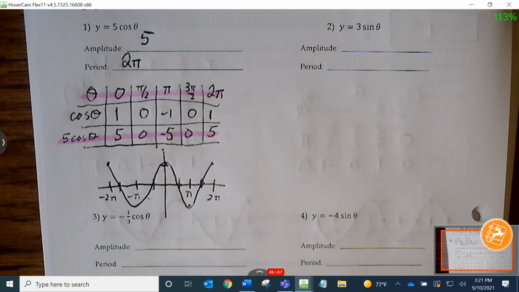So instead of stretching up to 1 and negative 1, it's only going to go up to 5.